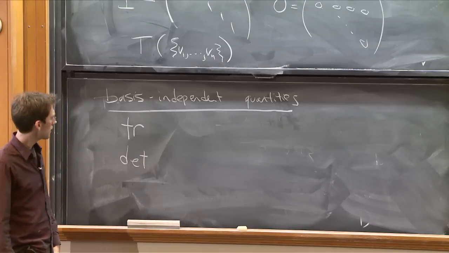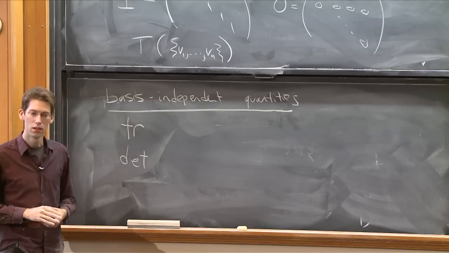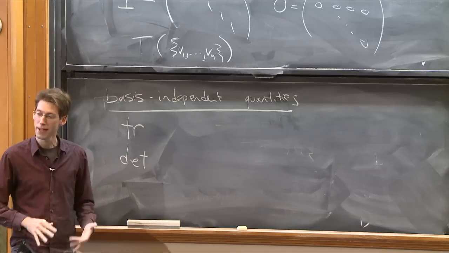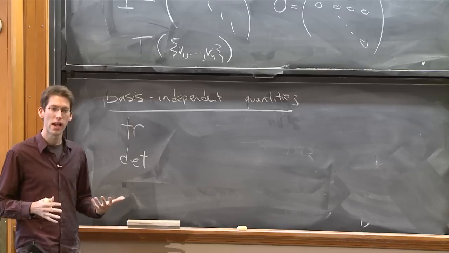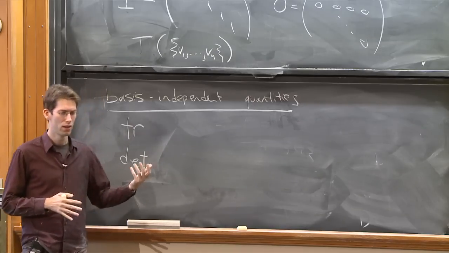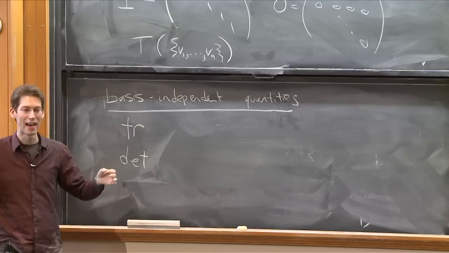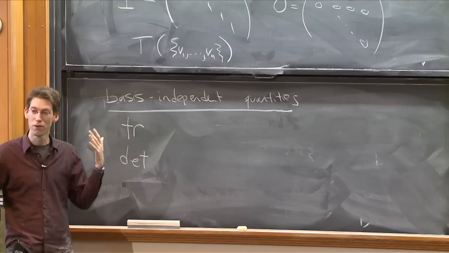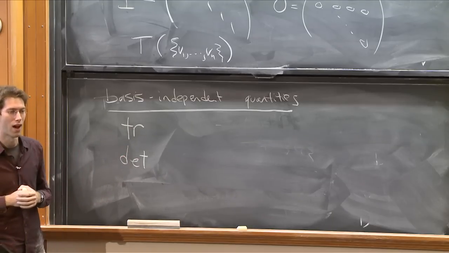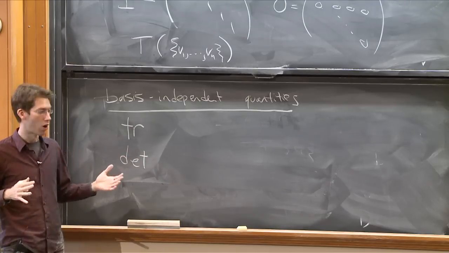When you first look at them, you can check that each one is basis independent, and it really looks kind of mysterious. Who pulled these out of a hat? They look totally different. They don't look remotely related to each other. And are these all there is?